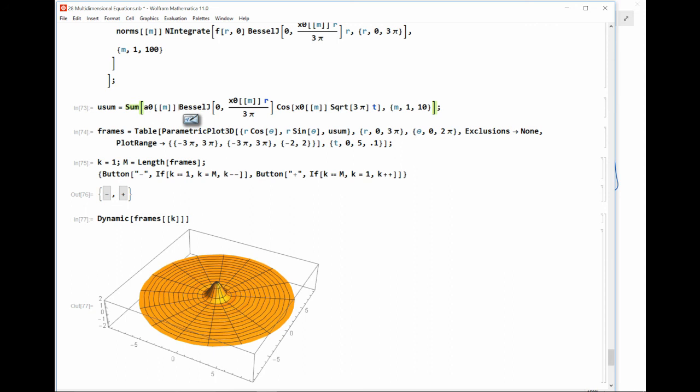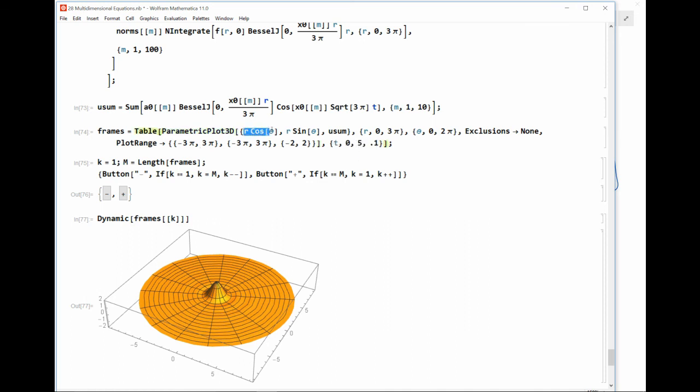So here I'm just taking the mth coefficient multiplied by the Bessel function that's scaled with the mth root, and I multiply by the cosine function that is appropriately scaled in terms of t. Then I compute several plots of the u-sum for different values of t.